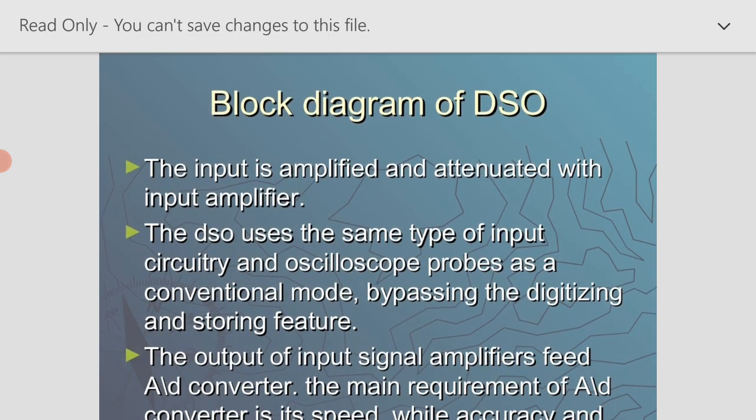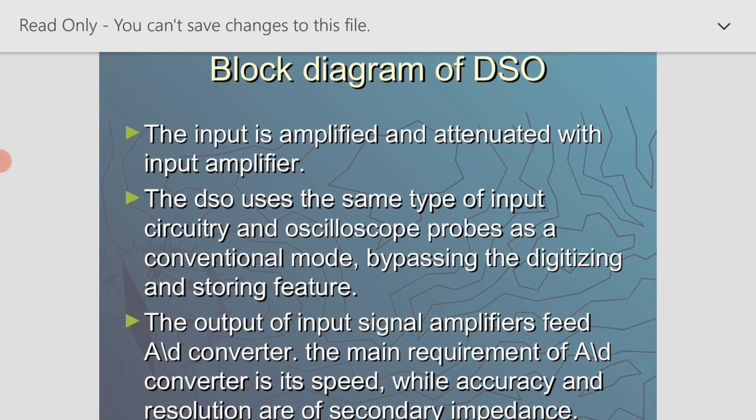The description of DSO is: the input is amplified and attenuated with the input amplifier. The DSO uses the same type of input circuitry and oscilloscope probes as a conventional oscilloscope, bypassing the digitizing and storing feature. The output of the input signal amplifier feeds the A to D converter.